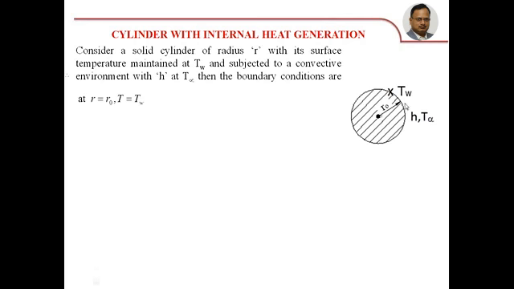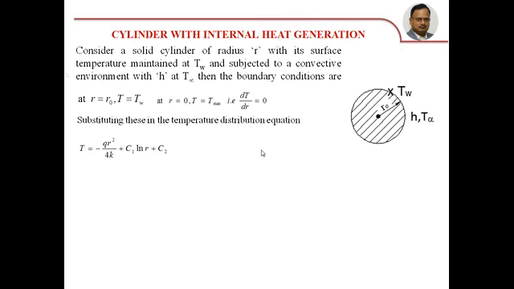Boundary conditions now become: at R equal to R naught, T equal to TW, and because current is made to pass through this, the entire surface is exposed to the environment. So lower temperature will be there at surface and maximum temperature will be at the center. So at R equal to 0, T equal to T maximum, that is dT by dR equal to 0.